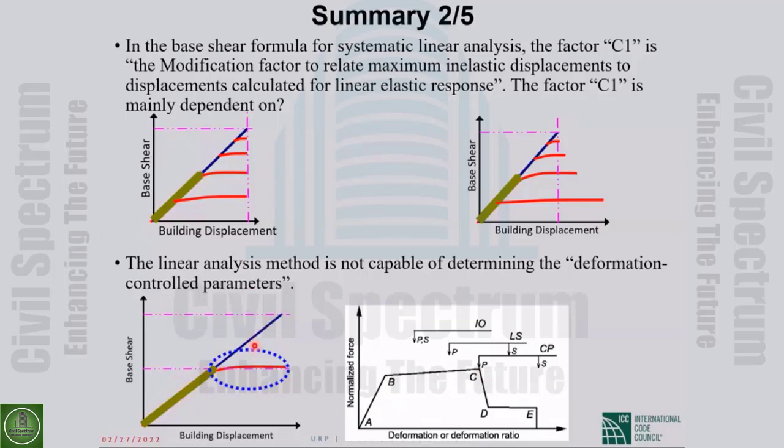With this eyeglass, you can't see any damage. It just shows that you increase the load, the displacement increases with the same stiffness. So the problem with deformation control parameters is that in reality they get damaged, but in linear analysis they can't show those damages.